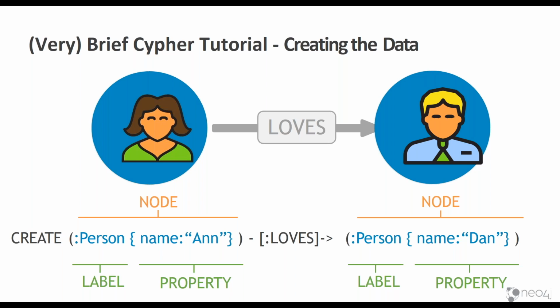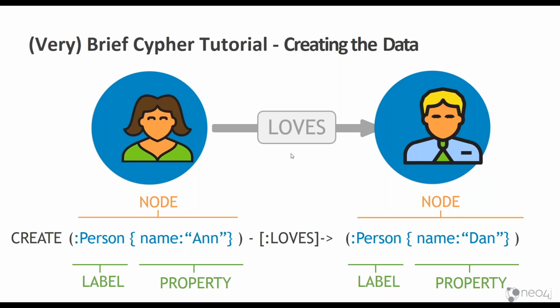And would it be easy to change the structures of the graph as you go, for instance, adding relationships or evolving the schema? Absolutely. It's very powerful with how you can add and remove relationships. Say for example in this relationship here, Anne no longer loves Dan. It's unfortunate, it happens.